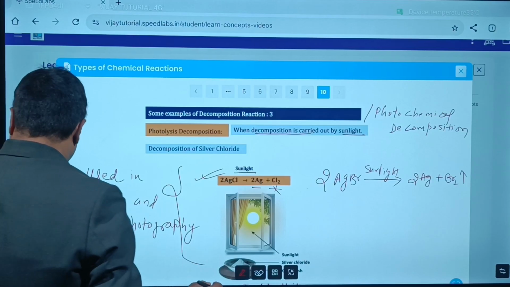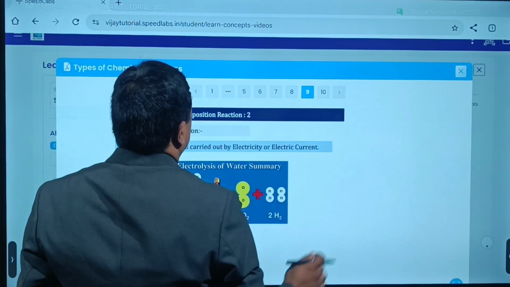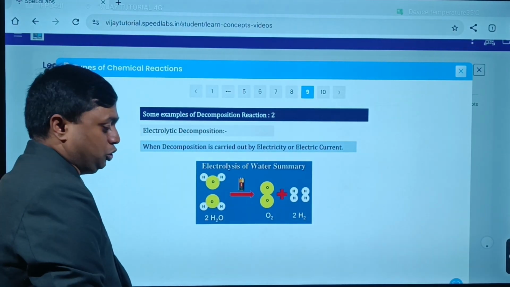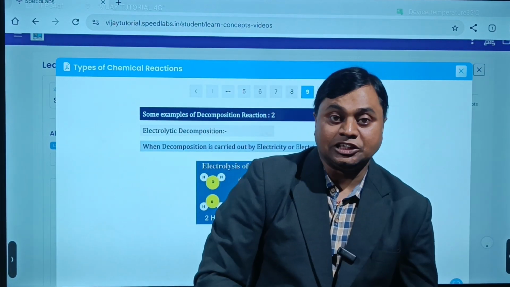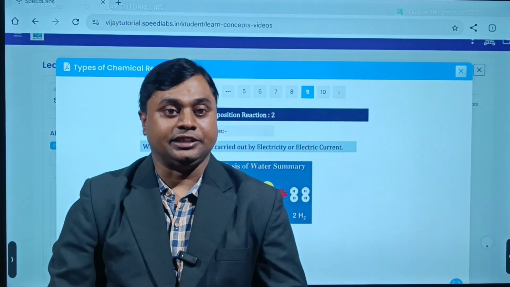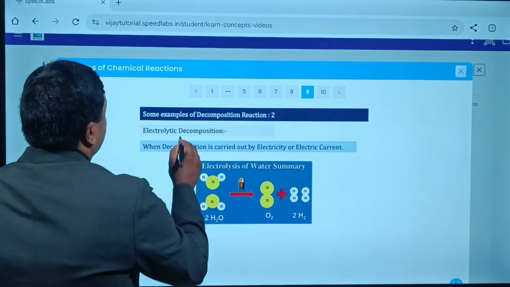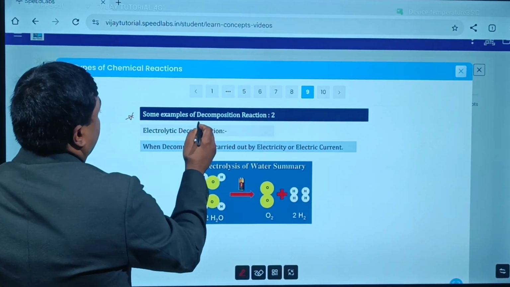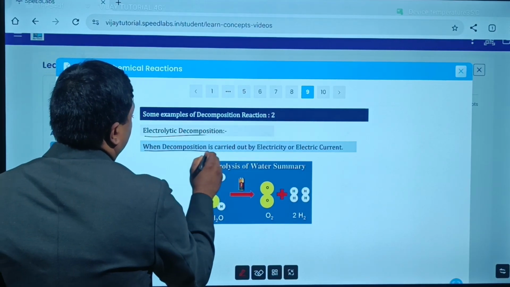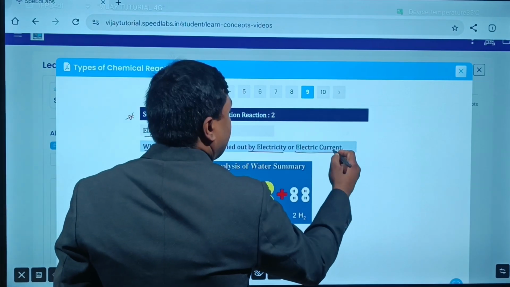Is it clear? Similarly, we have one more type, electrolytic decomposition. The type of decomposition reaction which takes place with the help of electricity is called electrolytic decomposition. Yes or no? So when a decomposition is carried out by electricity or electric current.